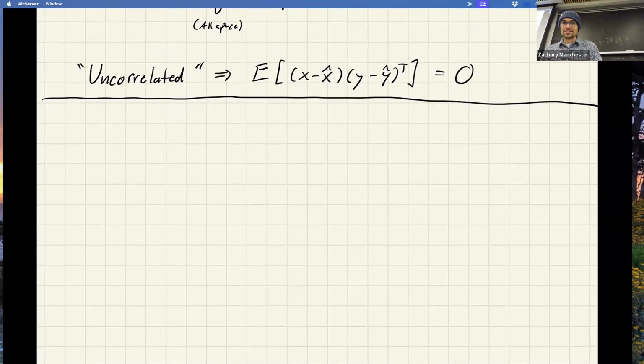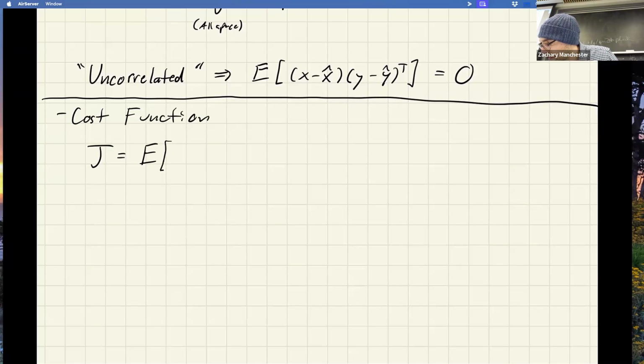Okay, so now we know some statistics. Now we're going to start looking at this whole dynamic programming thing in this stochastic context for the LQG problem. We'll start by writing down the cost function. We're going to wrap everything in expectations, and this is our standard LQR type of cost function.